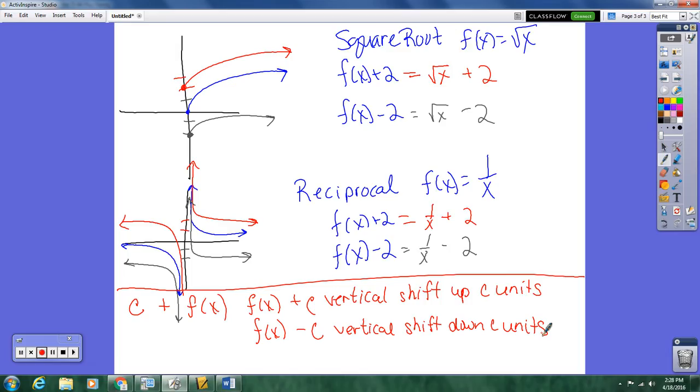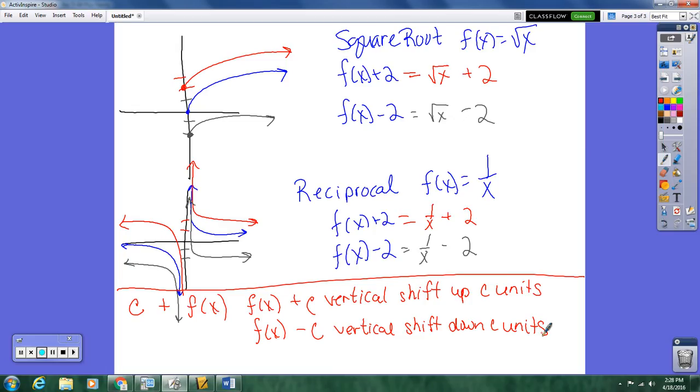Okay. I already got that written down. Go ahead and you can write those next to put the parent function name in the equation.